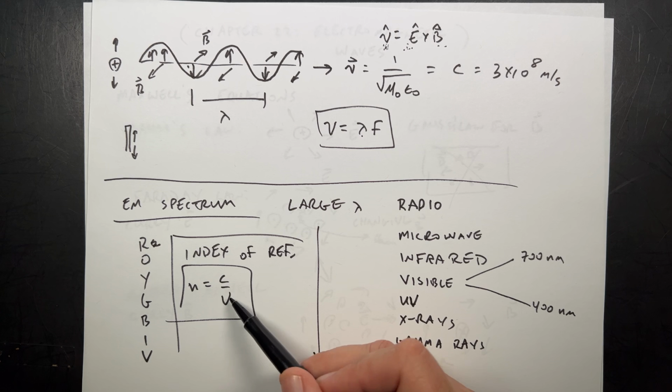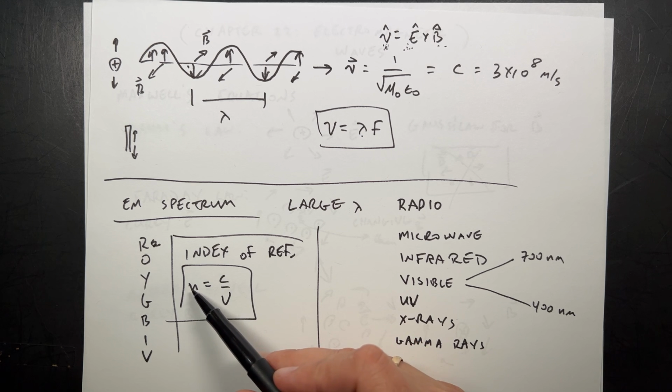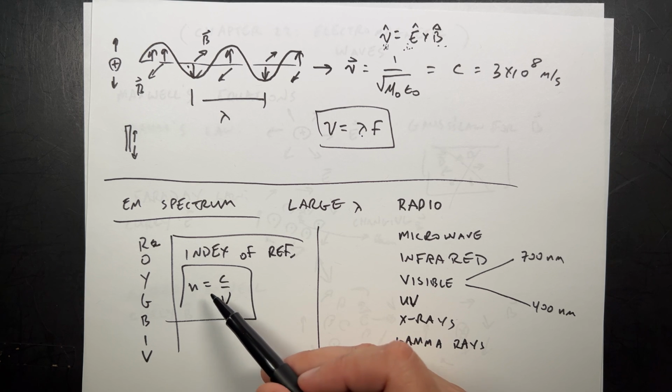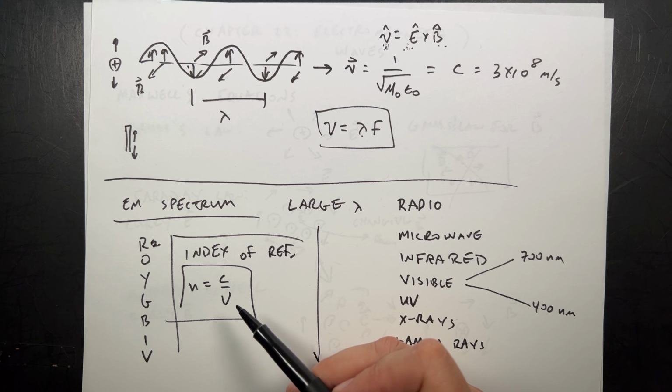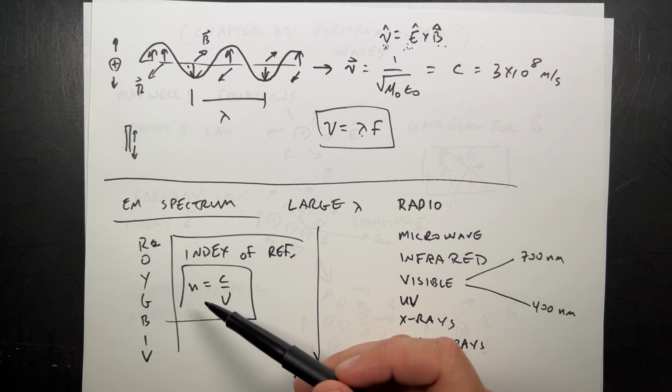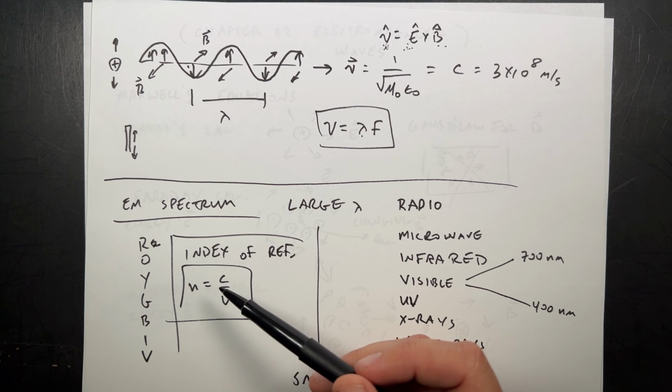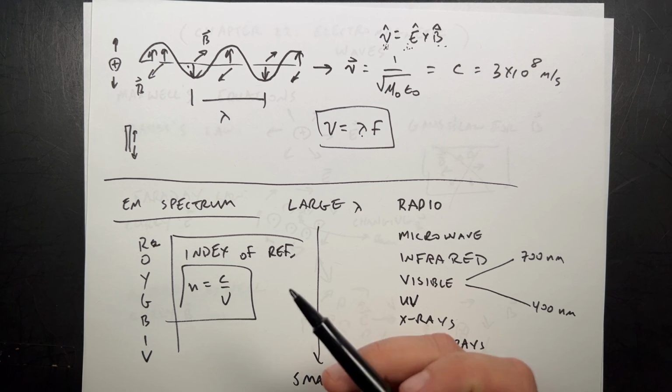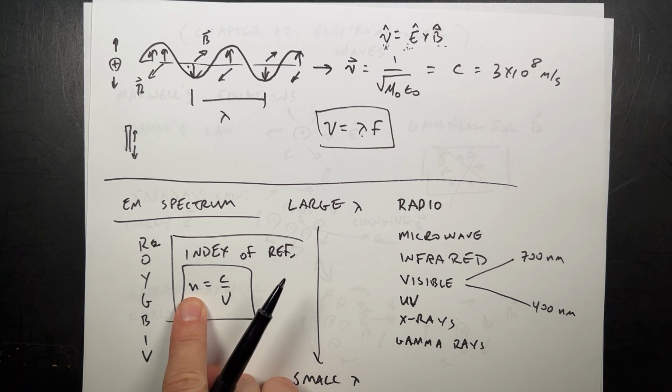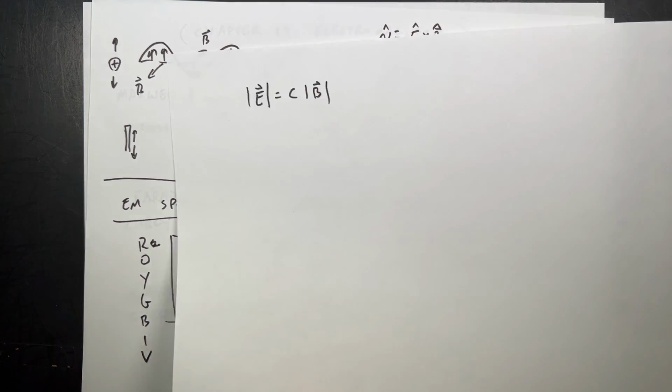And so if you divide c by a smaller number, you get an index of refraction greater than 1. So the greater this number, the greater the index of refraction. And it matters because when we change the speed of a wave, you can get some effects. One is you get bending of the wave, and that's refraction, and we'll talk about that in optics. But that's the index of refraction. It has no units because it's speed over speed.